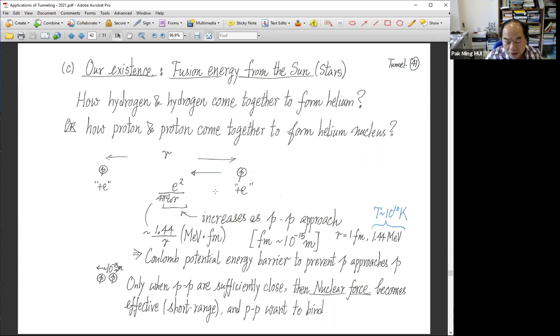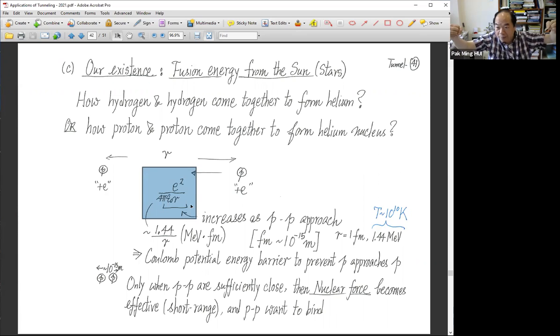If they are separated, now, in order for them to have nuclear force come into action to bind them, they need to be close enough, femtometer distance, so that the nuclear force will be strong enough to bind them. However, they are both positively charged. The Coulomb energy is still there, but it's repulsive.